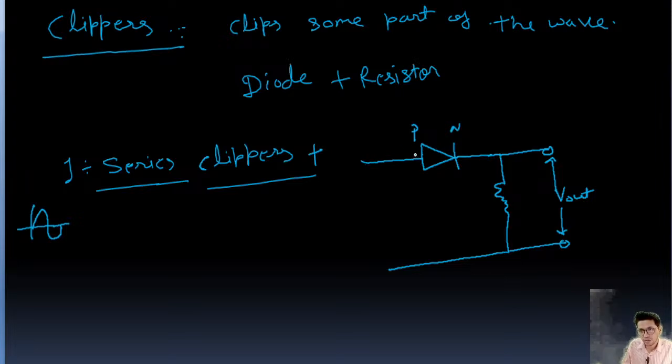The P part is plus, which means this circuit is going to be forward biased. If it is forward biased, it will work as short circuited. It's an ideal diode.